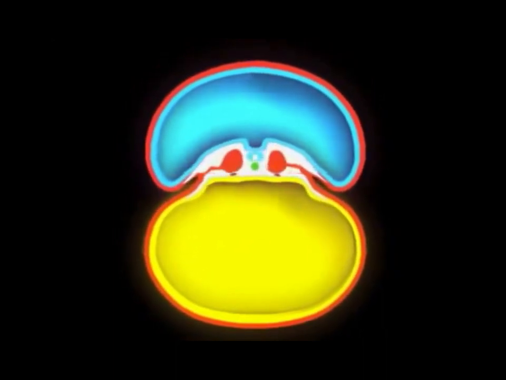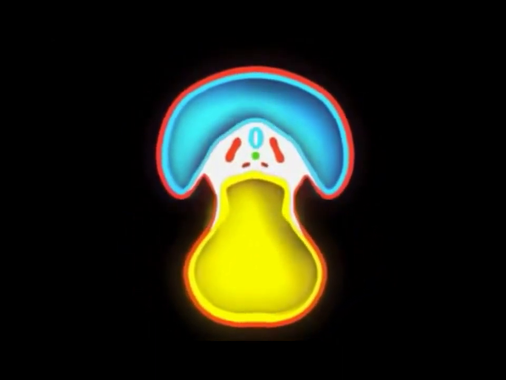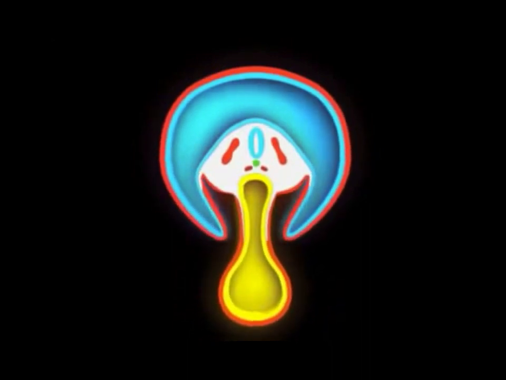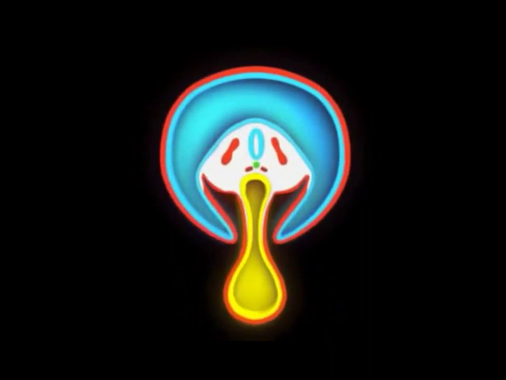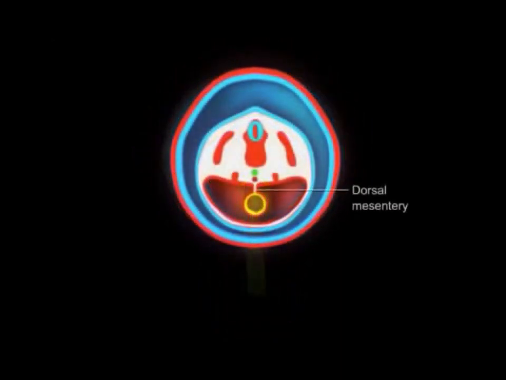So the yolk sac is in yellow, and the endoderm layer is in yellow as well. So now the sides of the embryo grow and they meet in the midline, so the gut remains in the center.